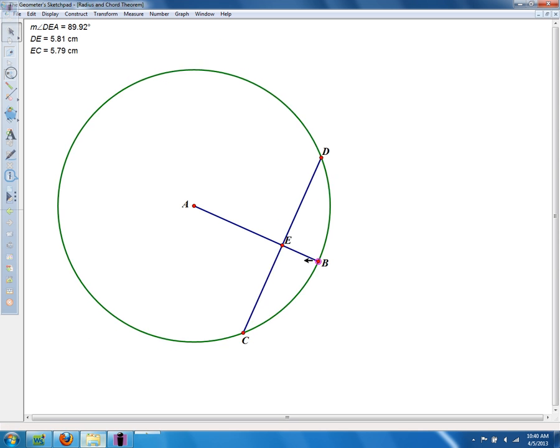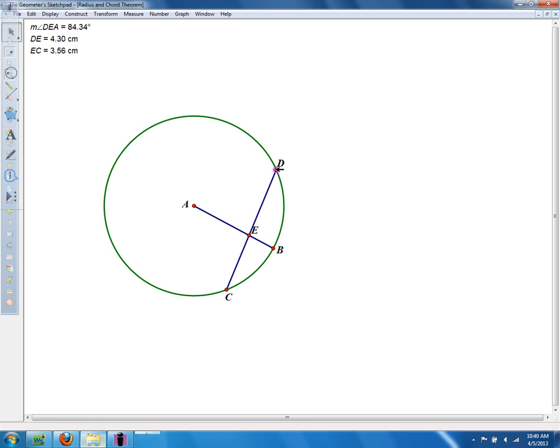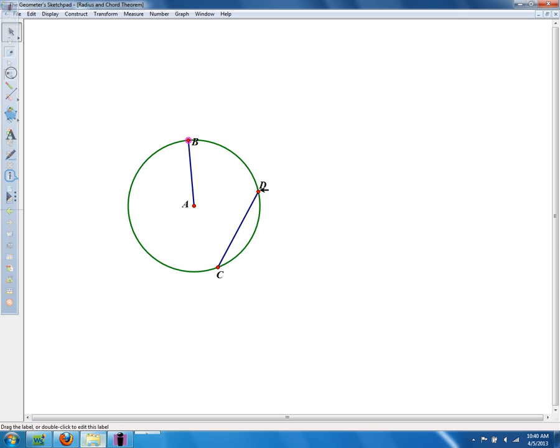I could shrink the circle and do the same thing. If I make that angle 90 degrees, they're going to be the same. I can move the chord around and do the same thing. Make the angle 90 degrees, and they're going to be the same.